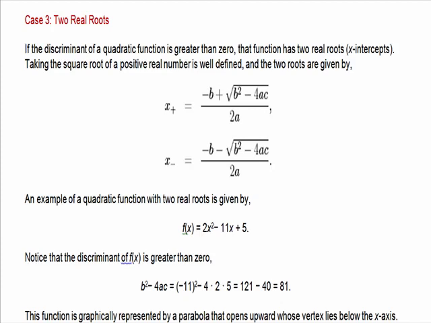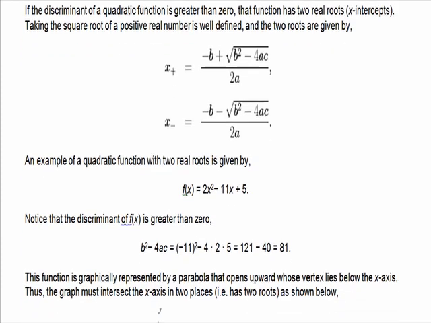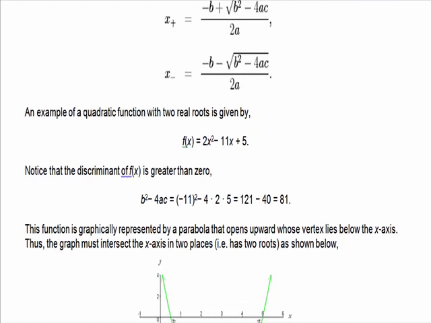An example of a quadratic function with two real roots is given by f of x equals 2x squared minus 11x plus 5. Notice the discriminant is greater than 0, because if I did b squared minus 4ac, I'd have negative 11 squared minus 4, and then my a is 2 and my c is 5, and I'd end up with 121 minus 40, or 81.